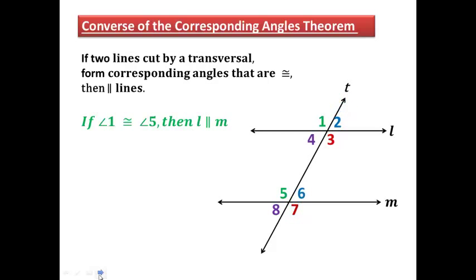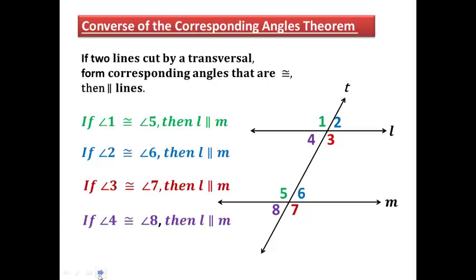If we're given that angle 2 and angle 6, again, those are corresponding angles, and if we're given that those are congruent, we can conclude that we have parallel lines. We only need one pair of corresponding angles that are congruent to prove that these lines are parallel. We do not need all four pairs. We just need one of them.